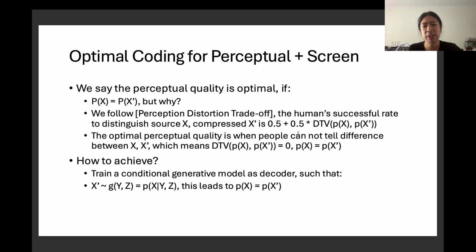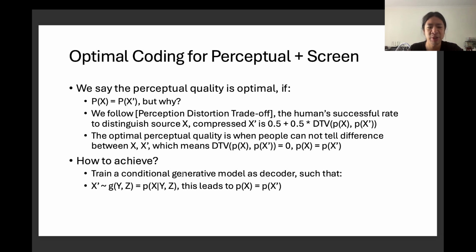So if people just cannot tell the difference between x and x hat, the success rate is 0.5, and at that time the total variation divergence is 0, which means these two marginal distributions are equal to each other. How to achieve this? This is relatively easy. We do not consider the distortion too much.